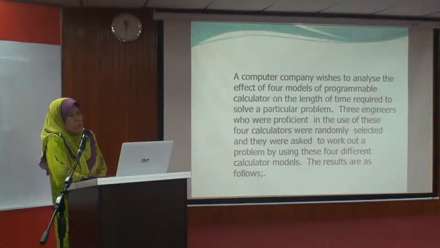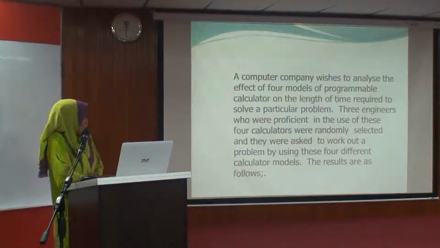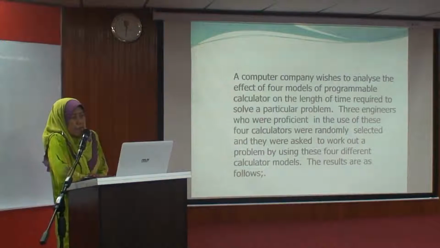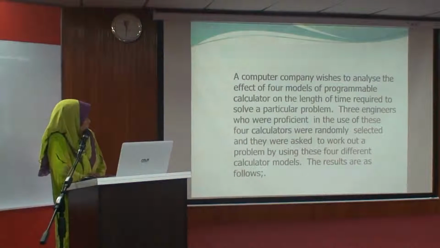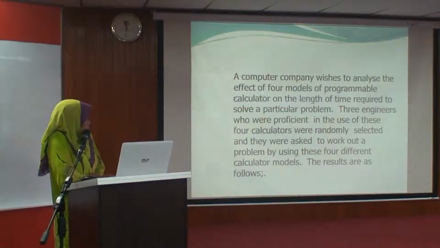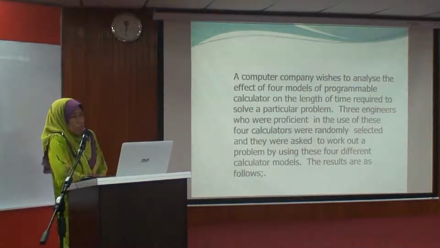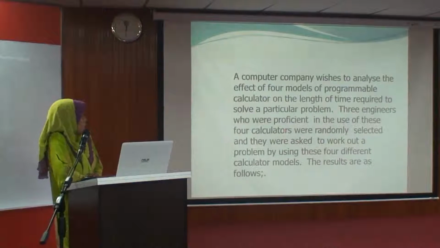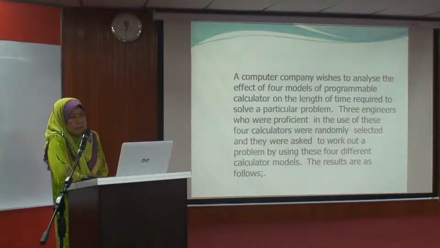Then you know t equal to 4. Then you first think that this is a fixed effect, and then you look further for clues on whether it is confirmed that this is a fixed effect model. Then you look in this problem whether you can see the words that the models of calculators are selected at random.